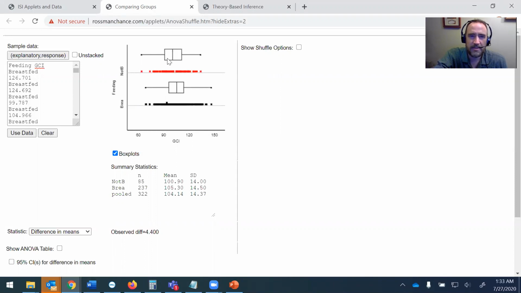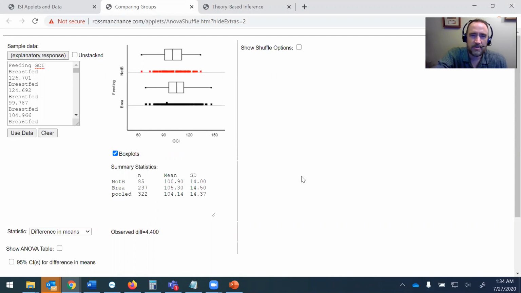And also we can see overall that the bulk of the data and the means of the data are really not too far apart. So our not breastfed babies, maybe slightly lower median there, and our breastfed maybe slightly higher, but both relatively even spreads there. We can also take a look at their means. Once again, those match what we saw in standard deviations.